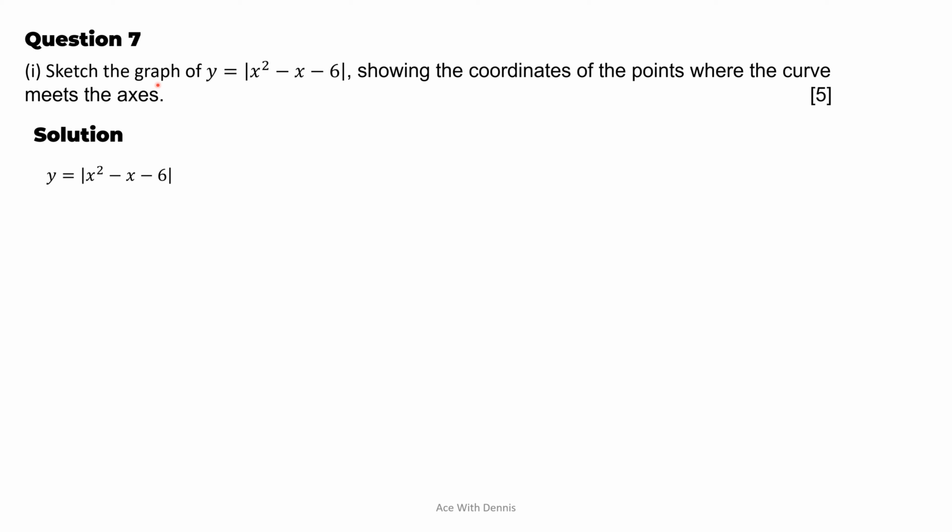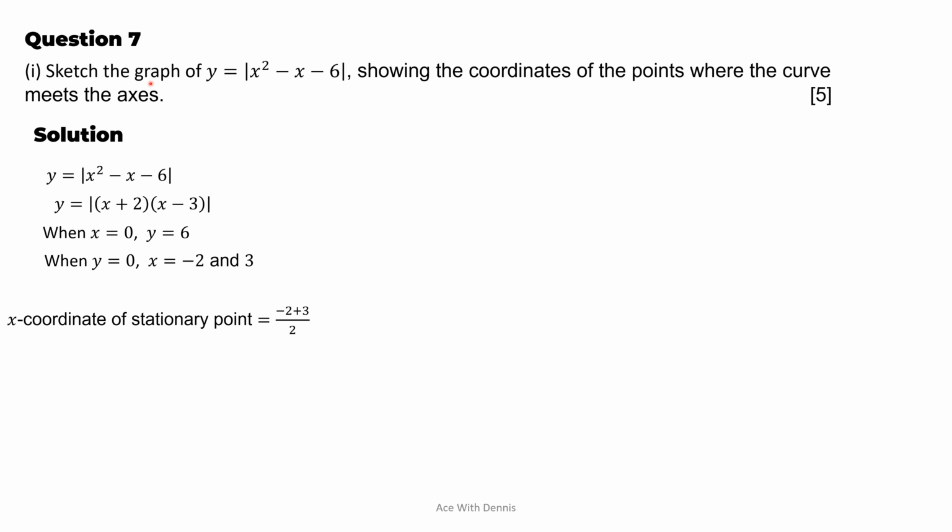Given the equation y equals modulus of x squared minus x minus 6, we can factorize the equation, which we get y equals modulus of (x plus 2)(x minus 3). Now, we want to find the y-intercept, which means when x equals 0, y will be 6. When y equals 0, the x will be negative 2 and 3.